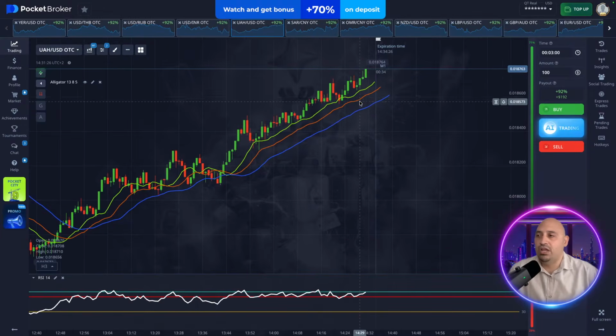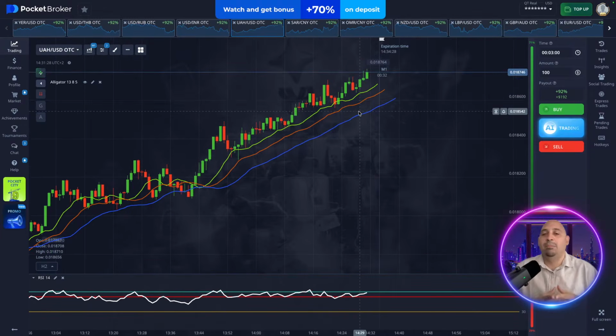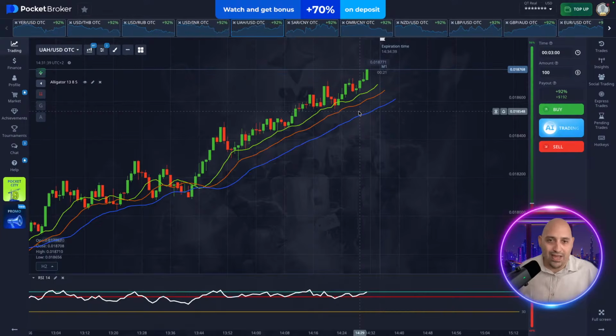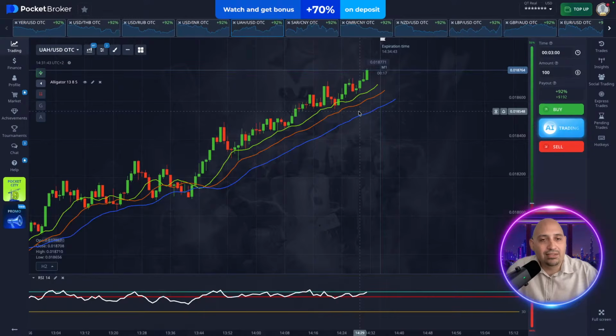So the expiration time, guys, is very important because depending on your strategy, some strategies require longer expiration times, longer time frames. Other strategies you can always try shorter expiry times, and that could also work for you. I prefer longer time frames, guys, like 3 minutes at least.